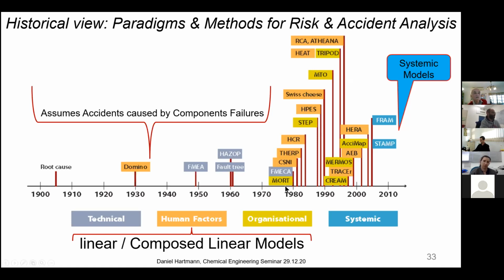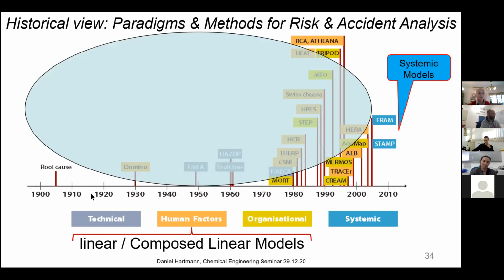So all these assume that accidents are caused by component failure, and they are just not good. Again, they can deliver results, but they're not good enough for our modern times.